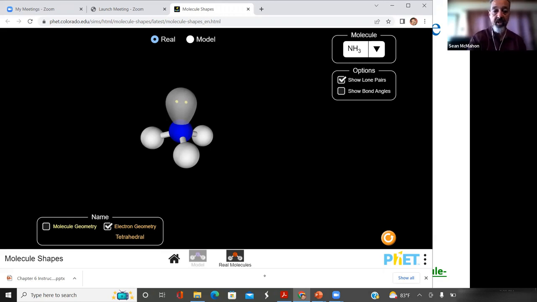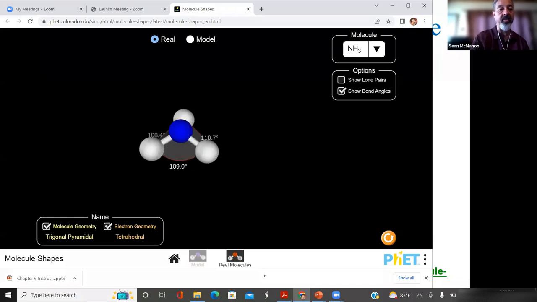However, one of the groups is a lone pair. So in reality, the molecule doesn't look tetrahedral. It's trigonal pyramidal. The bond angle isn't quite 109.5. It's less than 109.5.